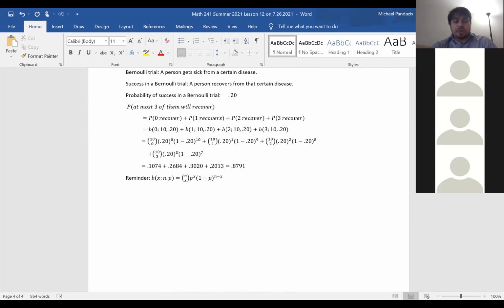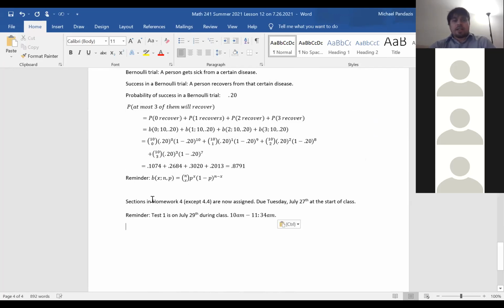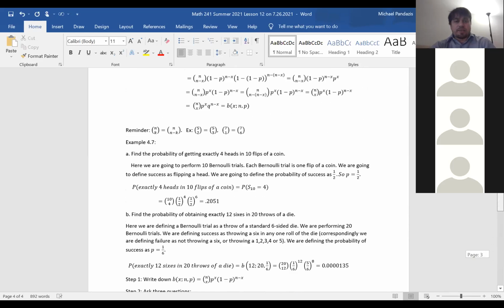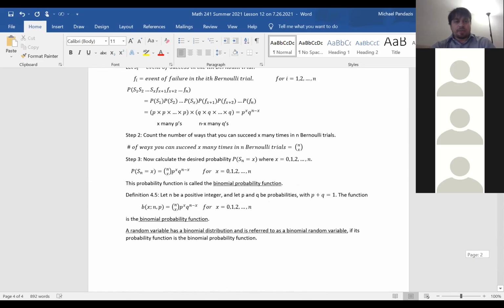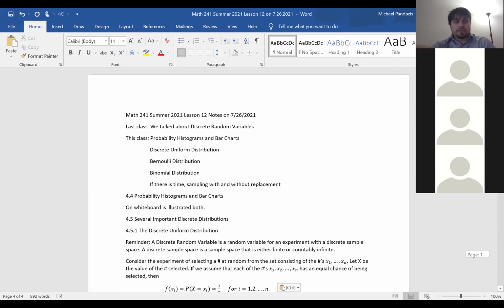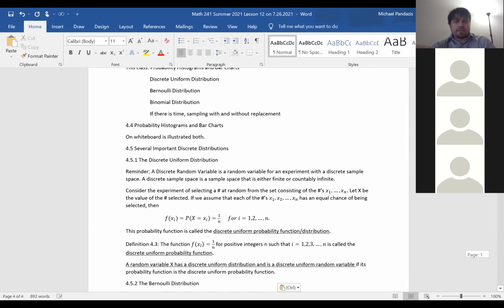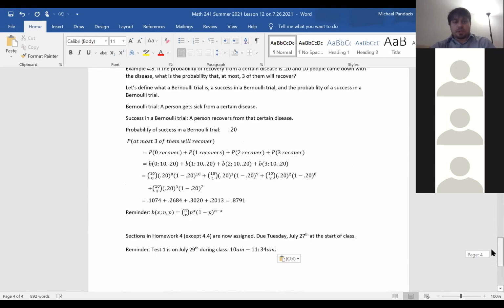So a few reminders. Sections in 4. This was the homework I assigned last class, and I said except 4.4. 4.4, I just illustrated with the bar chart and the other thing, right?